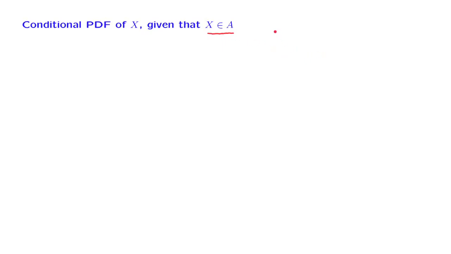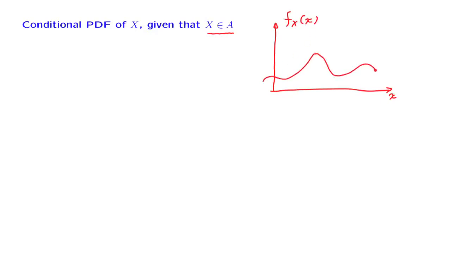So let us start with a random variable X that has a given PDF, as in this diagram. And suppose that A is a subset of the real line, for example, this subset here. What is the form of the conditional PDF?